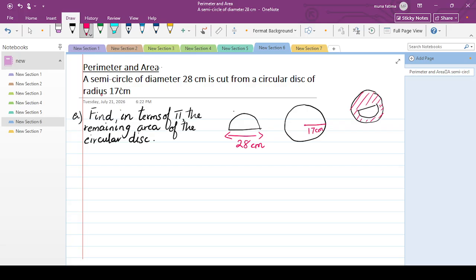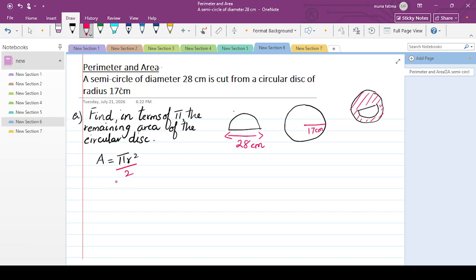Let's find the area of the semicircle. We know that the formula for finding the area of any circle is pi r squared. But in this case, because it is a semicircle, we have to divide it by 2 because it's half a circle.